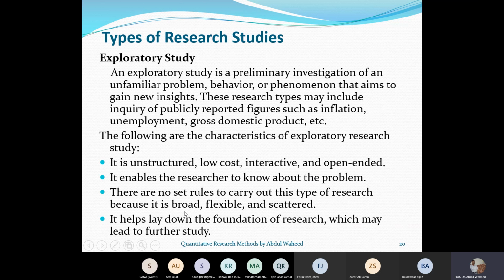So we cannot make it a structured research. So we can move in different directions to understand the problem. And it helps lay down the foundation of research, which may lead to further study. So on the basis of exploratory study, we can do some further studies.